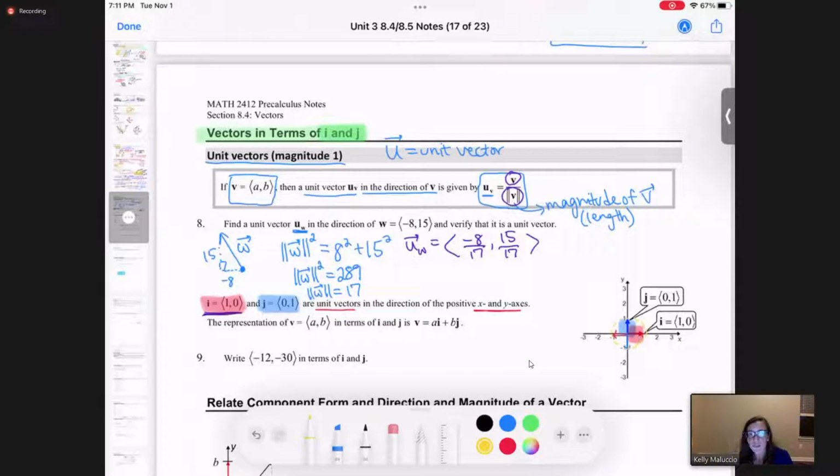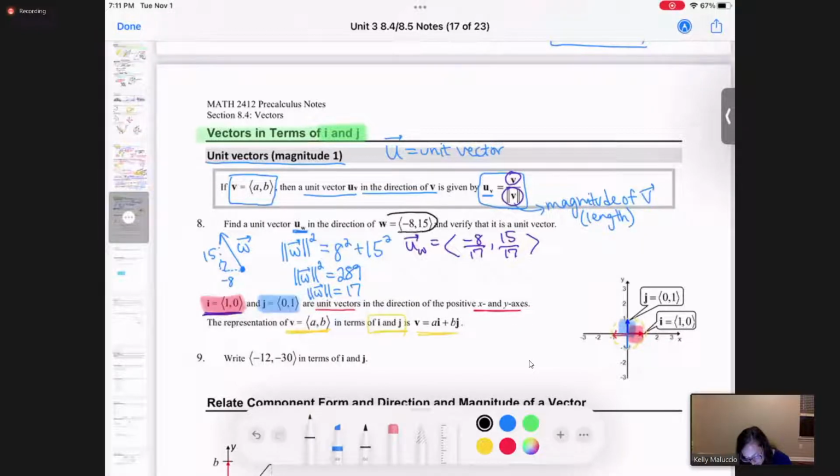So these are our unit vectors, and the way that we write a regular vector, like V equals ⟨A, B⟩, in terms of the unit vectors is like this. I'll give a mini example.